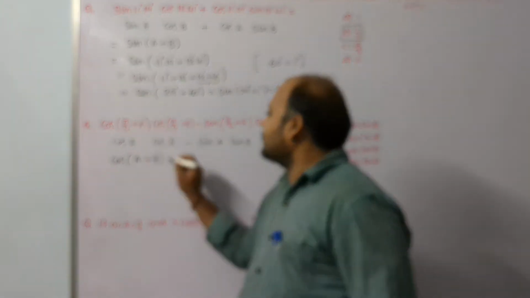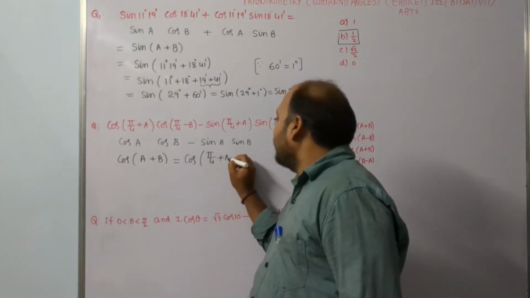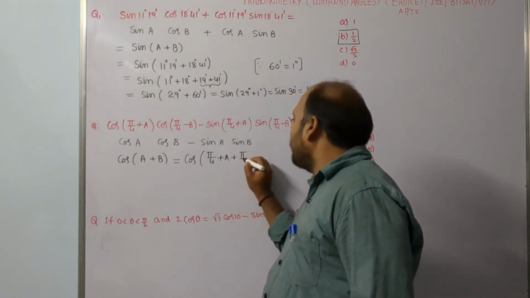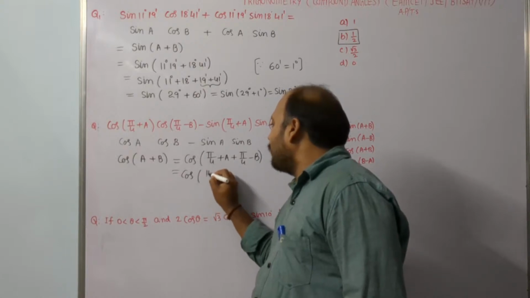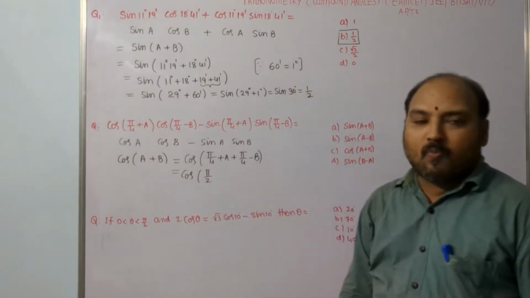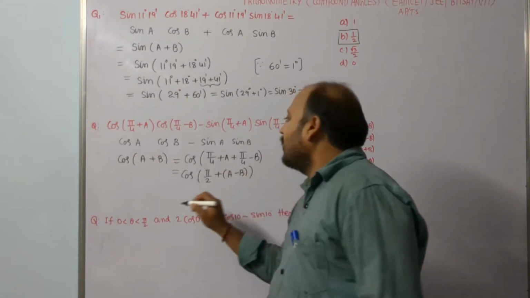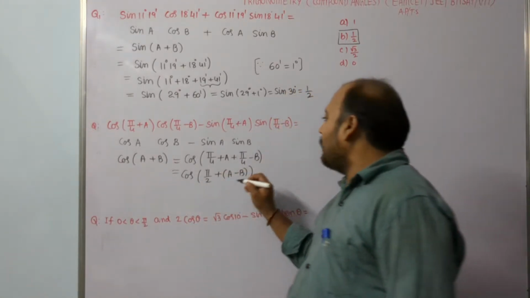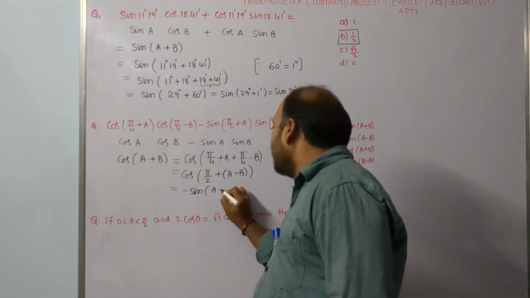What is a in this? Cos of pi by 4 plus a plus pi by 4 minus b, which is equal to cos of pi by 4 plus pi by 4, that is pi by 2, plus a minus b. Cos of 90 plus theta is minus sin theta. So minus sin of a minus b.